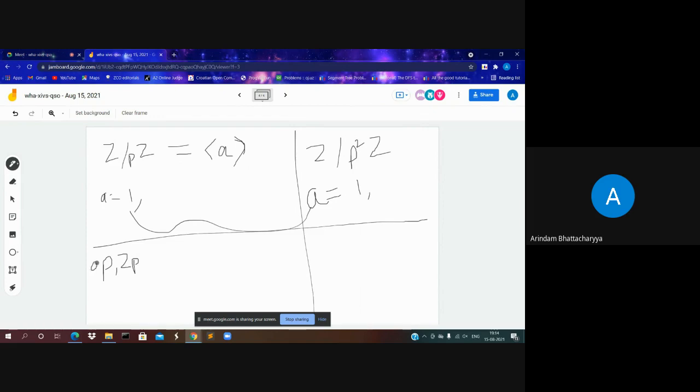Wait, let me add a 0. Up to p minus 1 times p, right? Nothing else. But this has p square elements. p plus 1 will work, I guess. Yeah, p plus 1 will work.